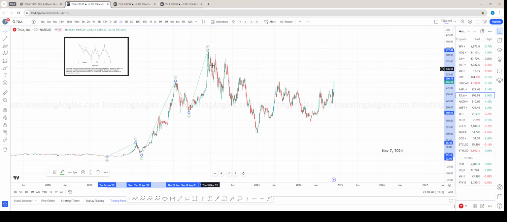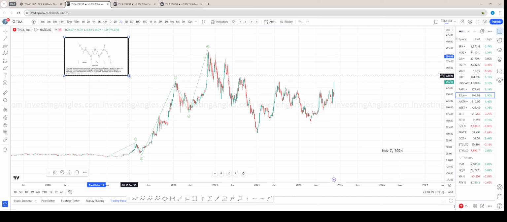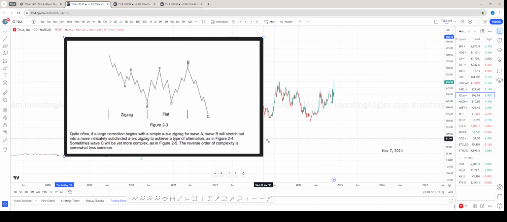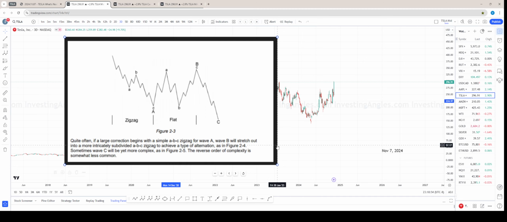But after November 2021, Tesla started falling. And so far, we see that the wave was not as impulsive as it used to be before. I brought a little example here. This is a chart from the famous book by Frost and Prechter about Elliott waves.